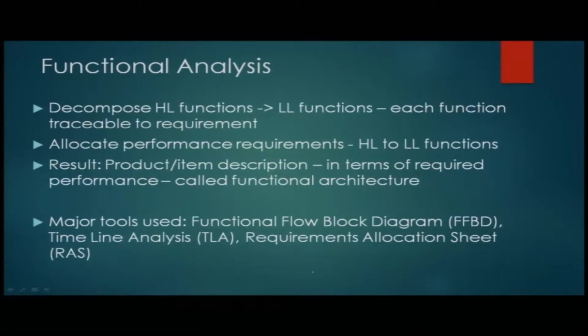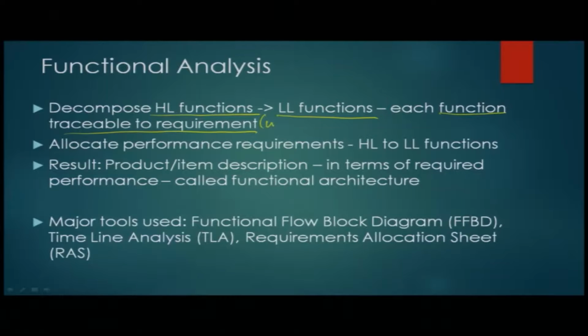Once it is done, the second one is the functional analysis, as I said earlier. The user specifies what we call HL functions, or high level functions, and the job in the functional analysis is to decompose these high level functions into what we call low level functions, or LL functions. The only criterion is that each function should be traceable to a particular requirement. Whose requirement? The user requirement.